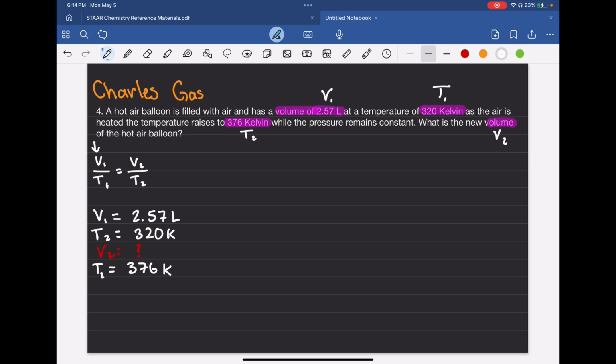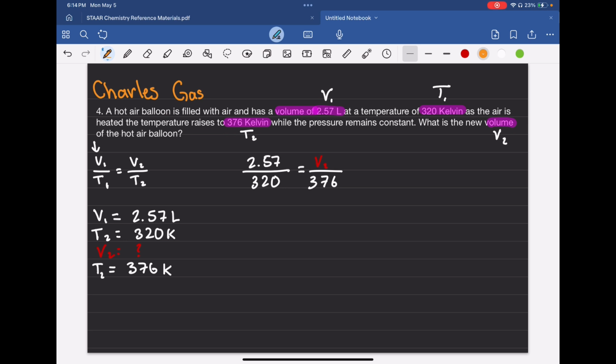So we're going to start up here with volume 1. Volume 1 is 2.57 liters. We're going to divide that by temperature 1, which is 320. Volume 2 is unknown, so we're going to put V2. We're going to divide that by temperature 2, which is 376 Kelvin.